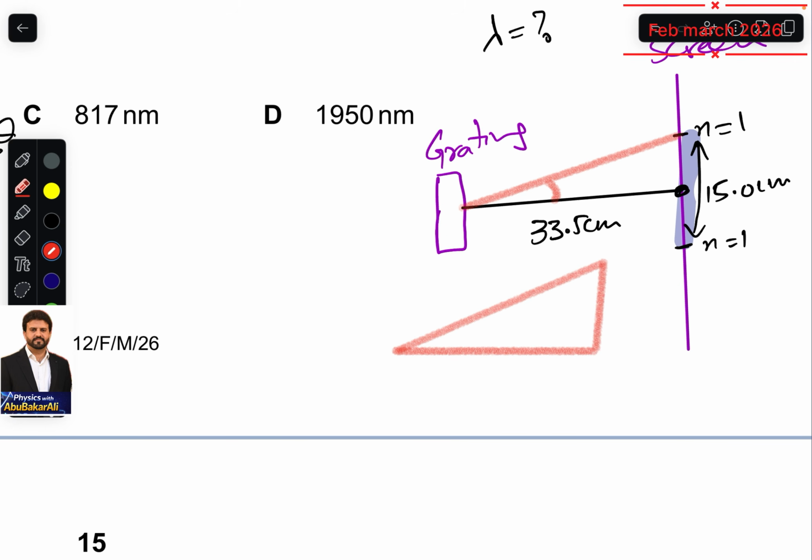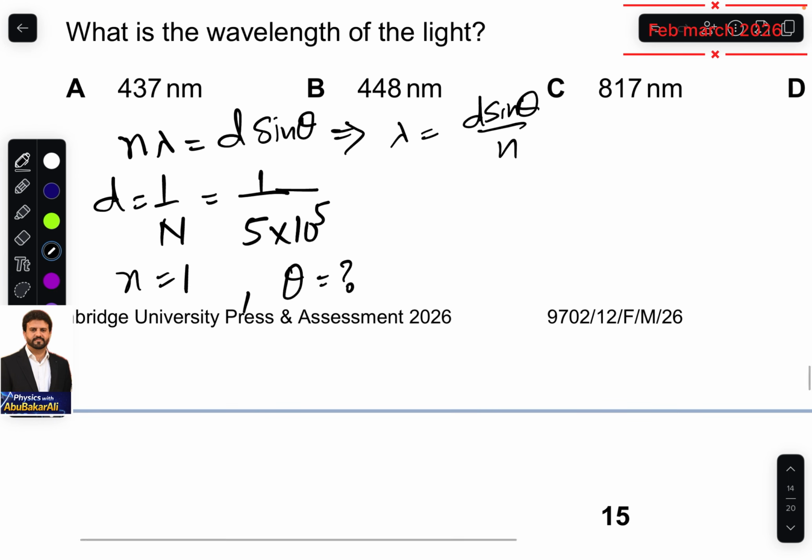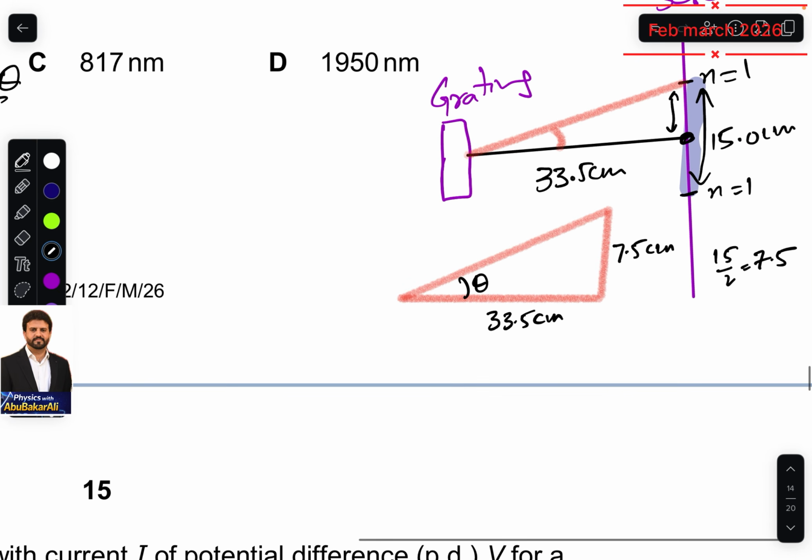This total is 15, so this will be half of 15, which is 7.5. So this is 7.5 centimeter. This is 33.5 centimeter, and you have to find this theta. You can use trigonometry. Actually, you can find theta or you can find sine theta directly, because we have to put sine theta here. So I prefer to find sine theta directly.